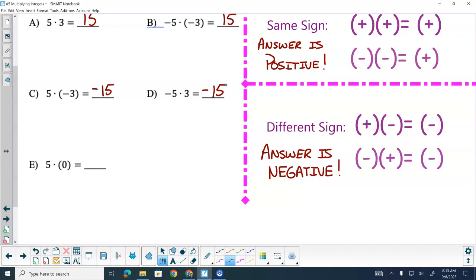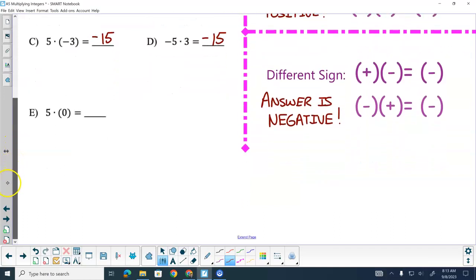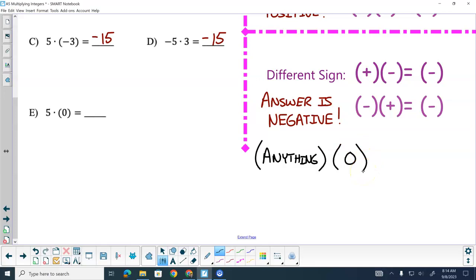Okay. 2 more multiplication rules that we've got to talk about. And they're super duper easy. The first rule is anything times 0. Anything times 0 is how much?